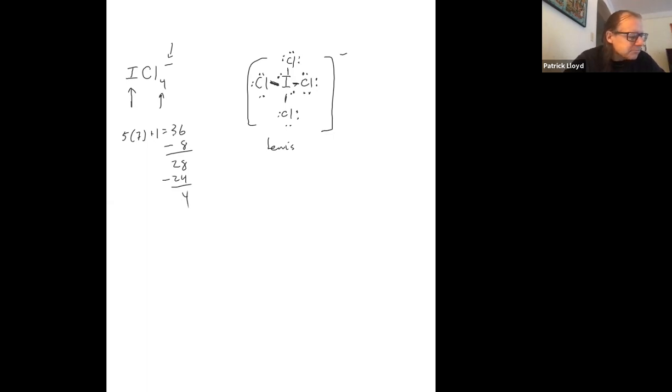All right. So now what's the arrangement? Well, oh, this one's a good one. I like this one because you got the 4 surrounding atoms, but you got your 2 lone pairs. Right? So it's AB4E2.